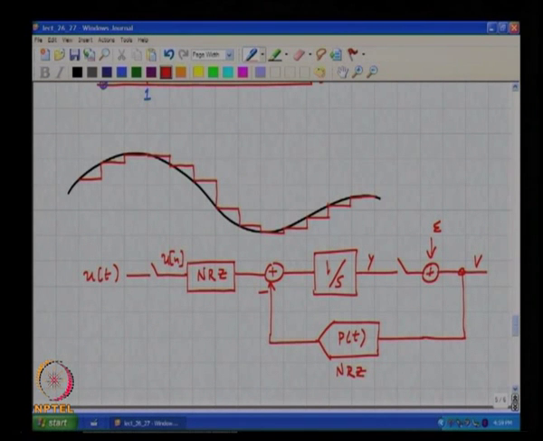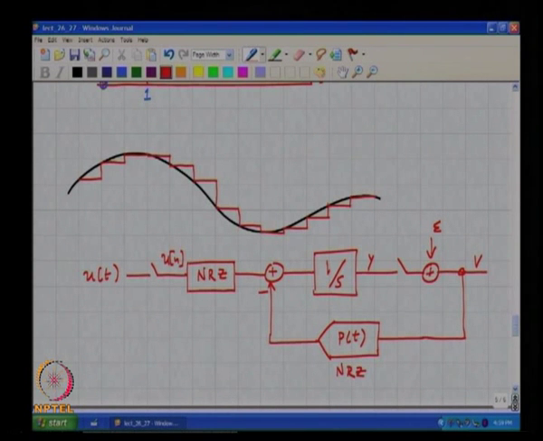So, as long as the input signal is of low frequency, you can think of this as being filtered by impulse sampling it and having an NRZ pulse shape to the input also.